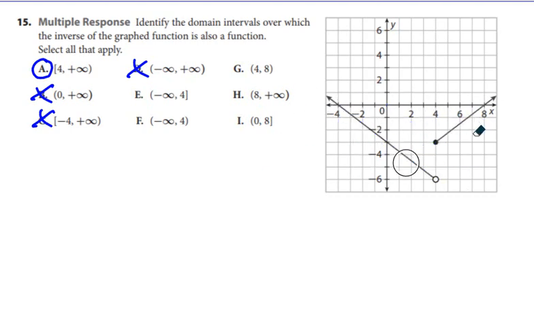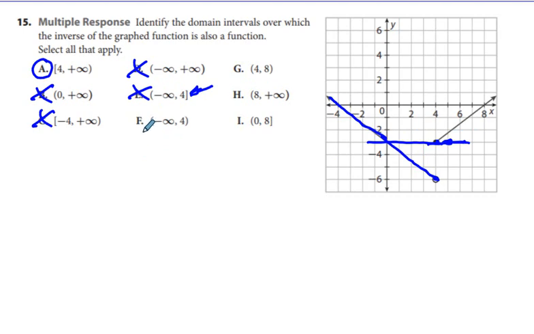Between -infinity to 4, well, here's -infinity to 4, to x equals 4. And does it say including? Well, here it's a little tricky with this bracket. It kind of ruins things for us, because that brings in this point right here. Well, this point here alone, if we didn't have that point, the horizontal line test would pass, but we have that point, so it does not pass.